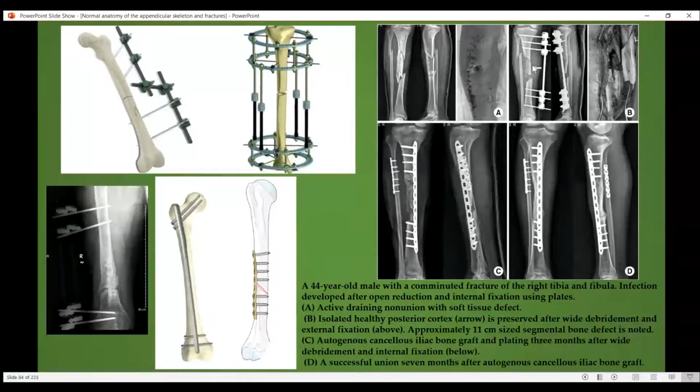So you see here there is an open wound, which can be classified generally as type 2b, sorry, type 2a. So what we actually do here is use external fixation devices. We did a wound debridement, and then we also did the external fixation.